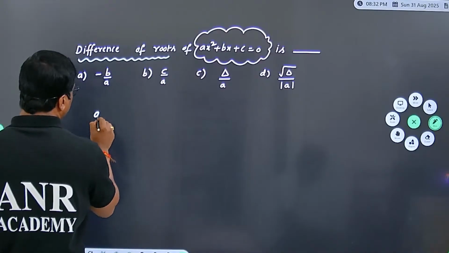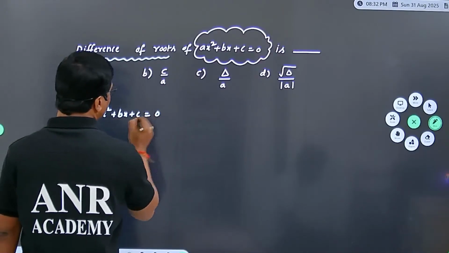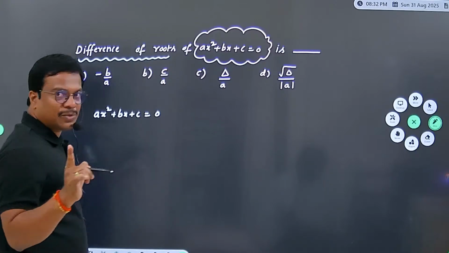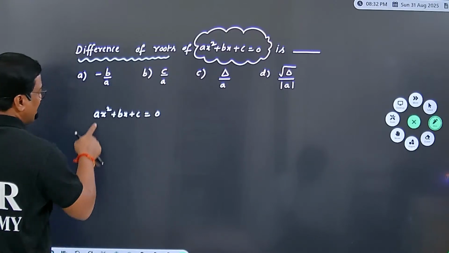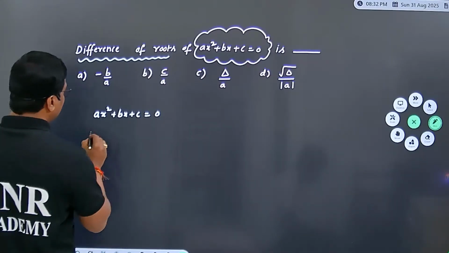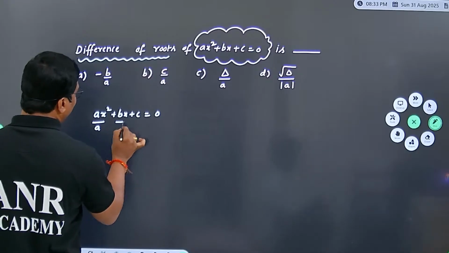Suppose you have ax square plus bx plus c equal to 0, you can easily find the sum and product of roots just by making the coefficient of x square unity. So to make it unity, I am going to divide by a.